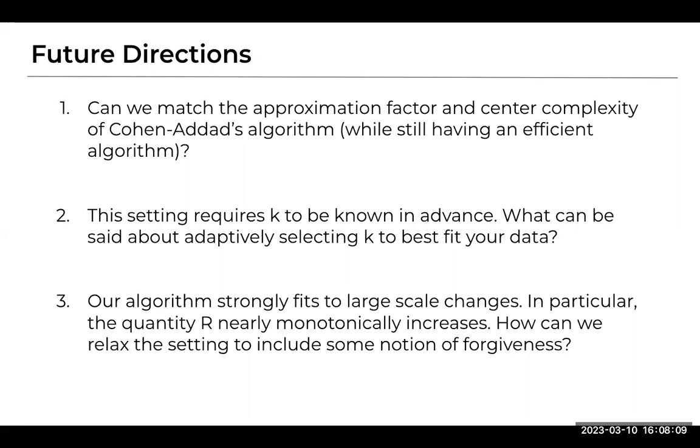And finally, as shown by the structure of the algorithm, every time we have a large change in the scale, it increases the value of r. So our r normalizes how many points we select. We get stuck in this regime where we only have a really large scale and we stop caring about small scale differences between points.